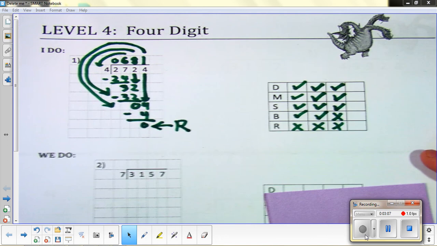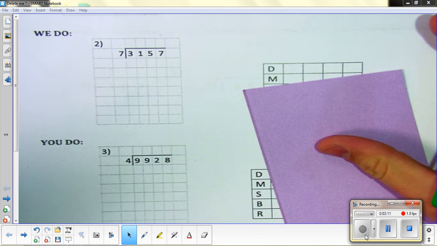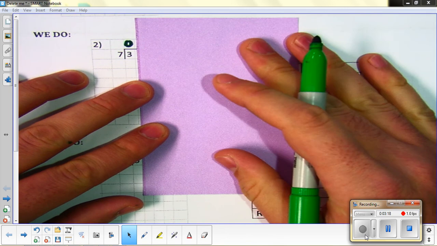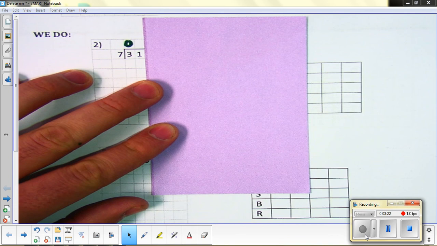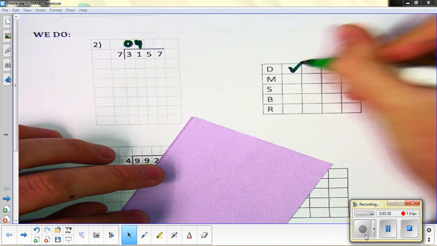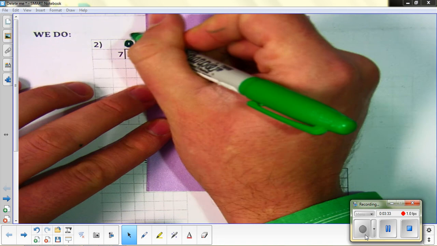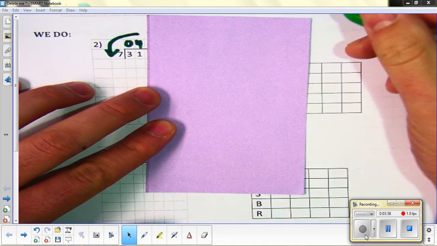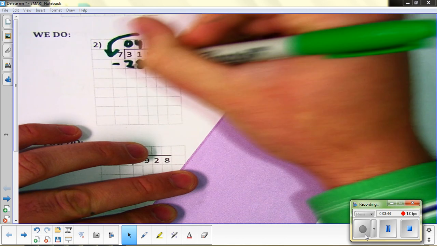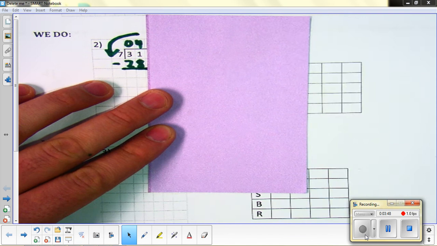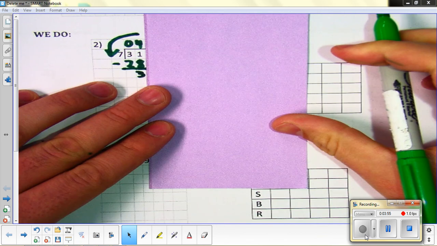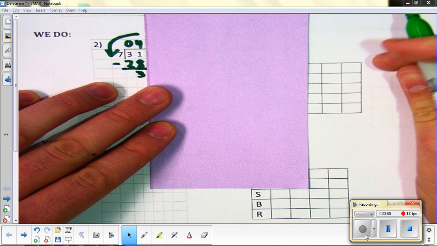Let's try the we do. I finished with one round of steps.